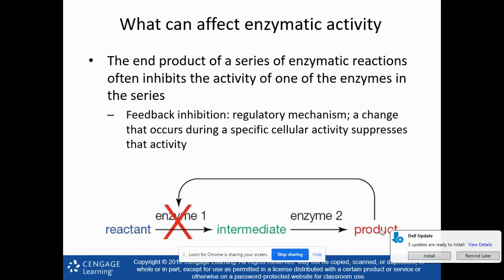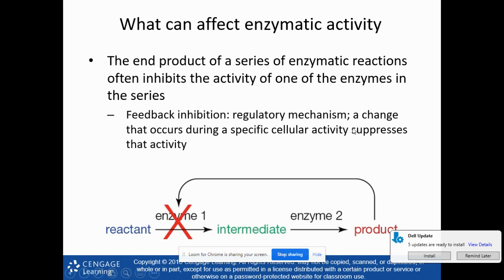Okay, and what we see a lot of times in nature is that at some point when you have enough products, they will go and inhibit the enzymatic activity of one of the enzymes in the pathway. And this is the idea of feedback inhibition, which is a regulatory mechanism. It's a change that occurs during a specific cellular activity that suppresses that activity.